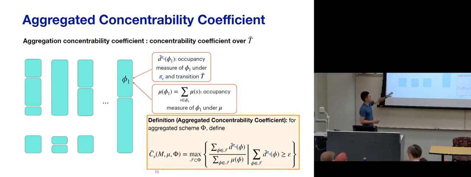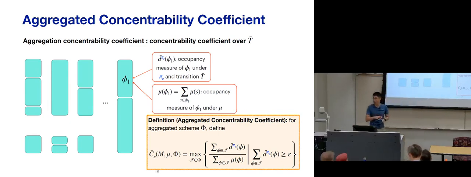Capital phi is just these gray rectangles. It denotes the aggregation scheme, one way to aggregate the states together within layers. A subset means that this phi can connect, for example, this state and this state.